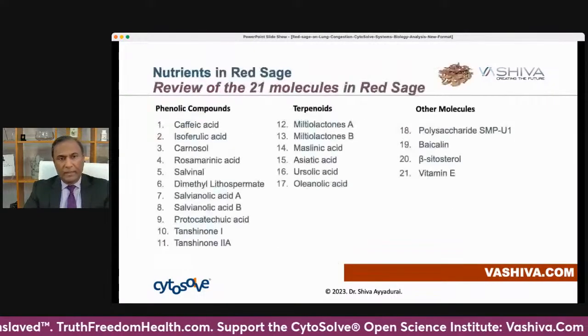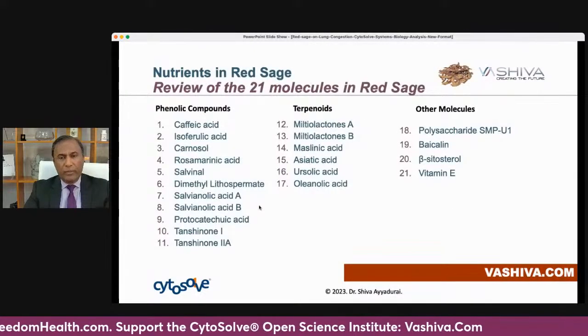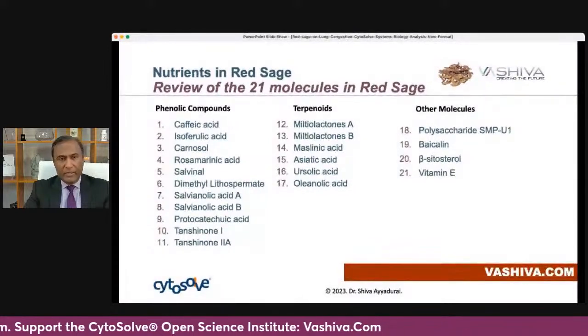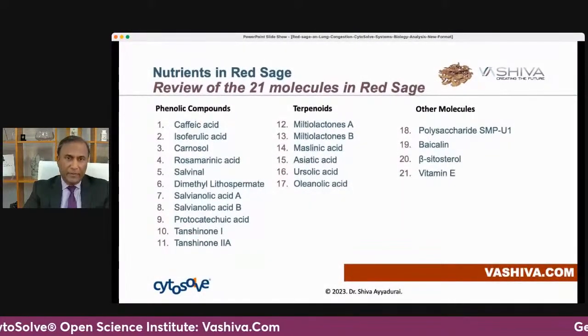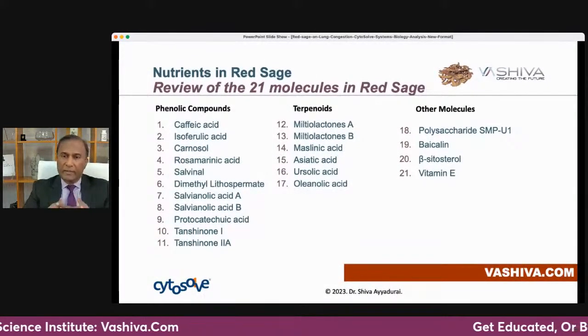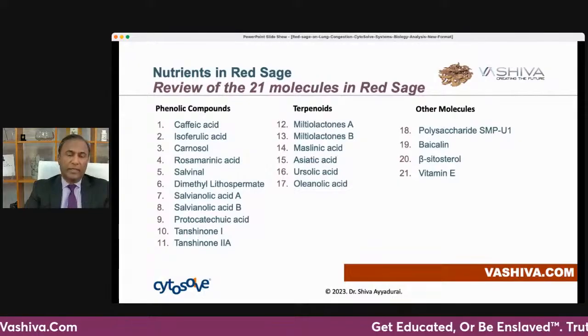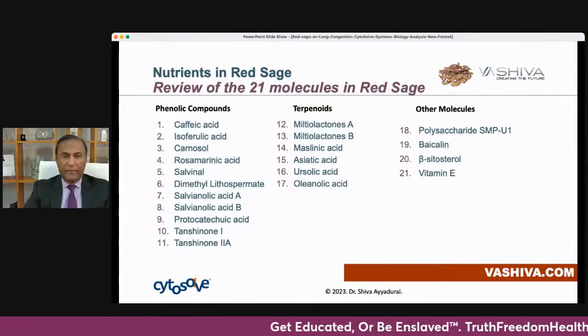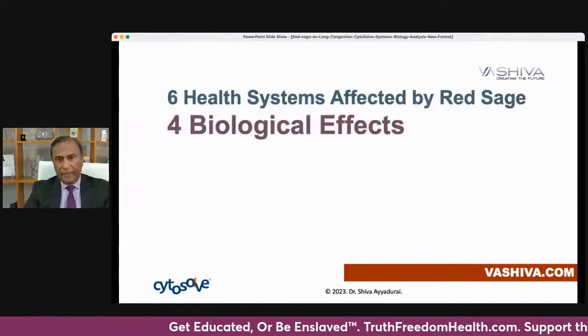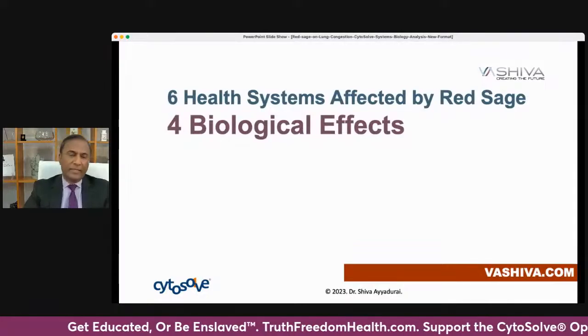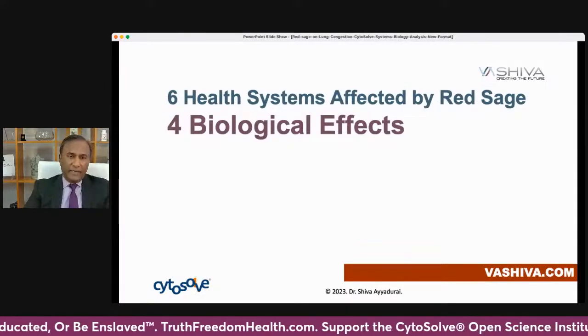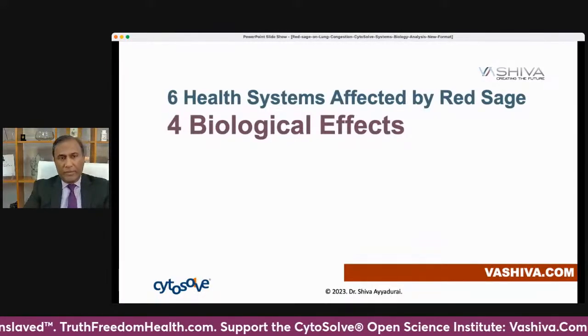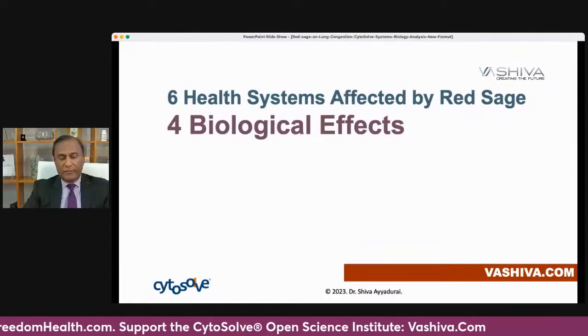So in summary, there are 21 molecules in red sage that CytoSolve was able to uncover from looking at all that literature, which have a lot of evidence-based research on them. The other piece is there are 4 biological effects of those chemical compounds, and 6 health systems are affected.